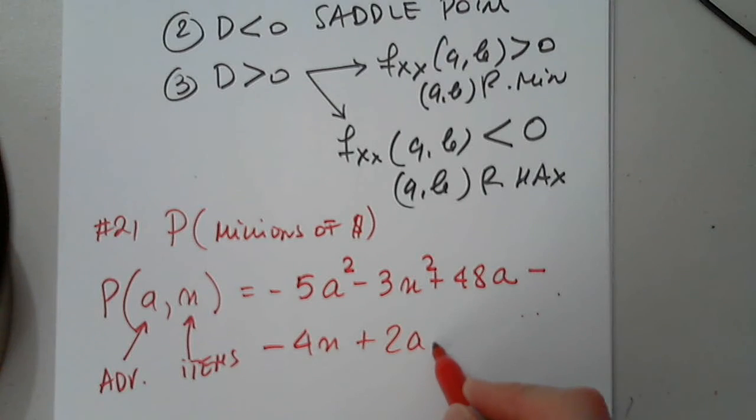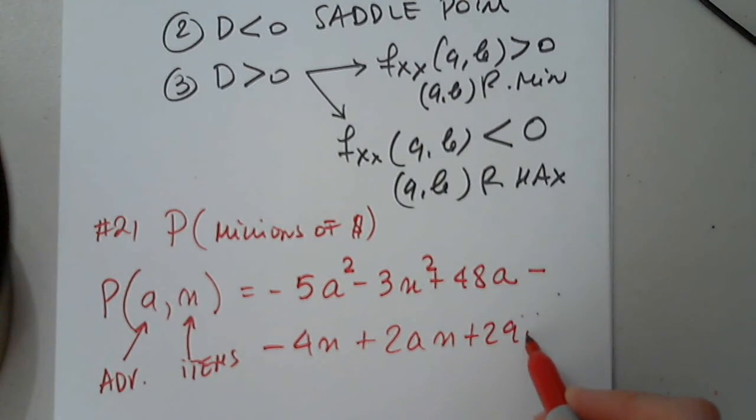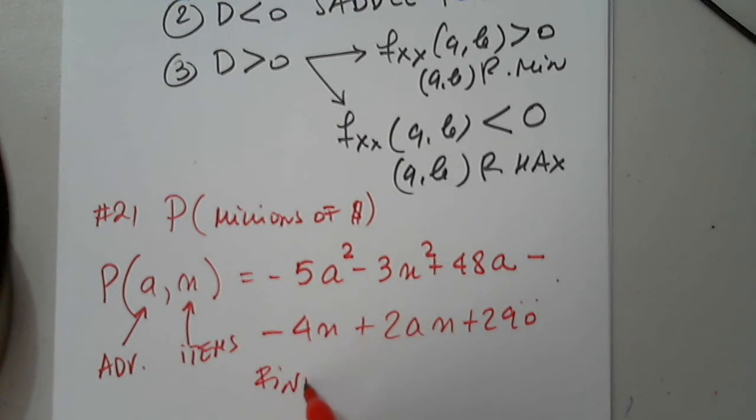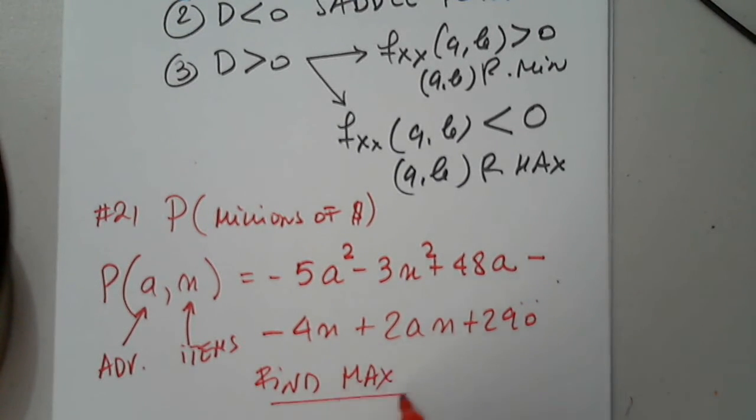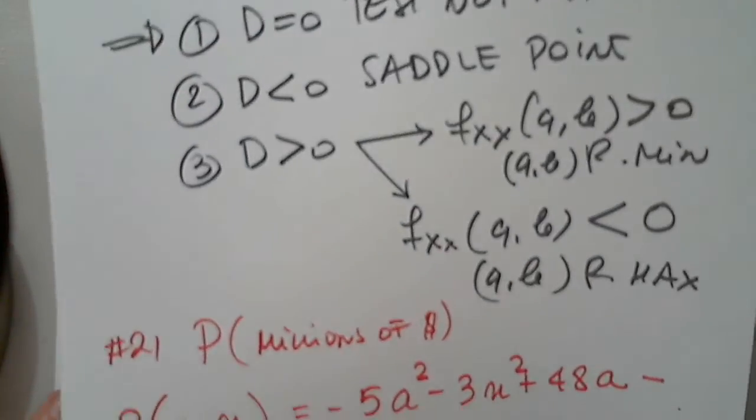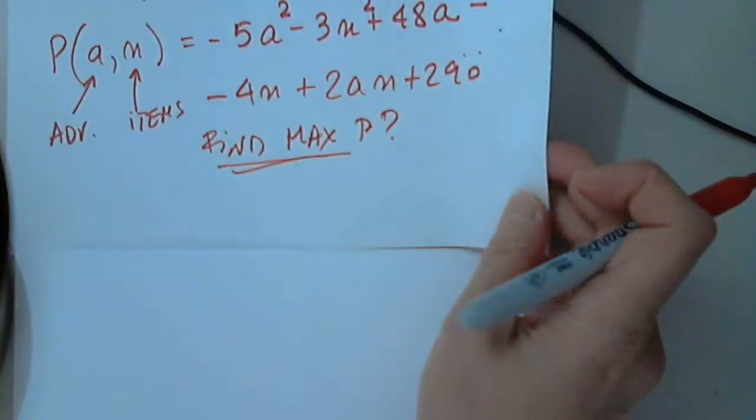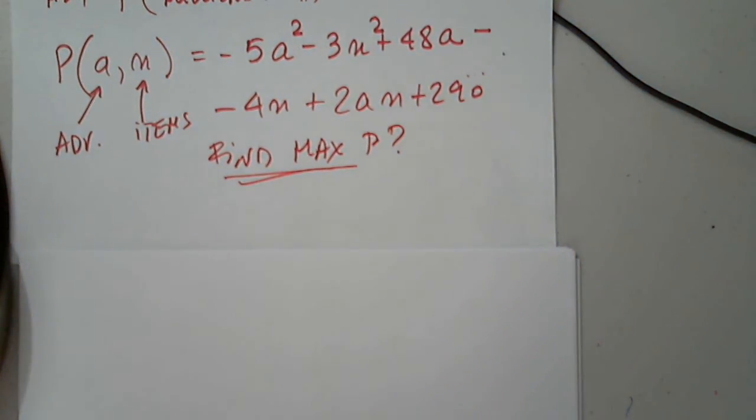Plus 2an and plus 290. They're asking us to find the maximum profit. It's a function of two variables. We have to conduct the D test.